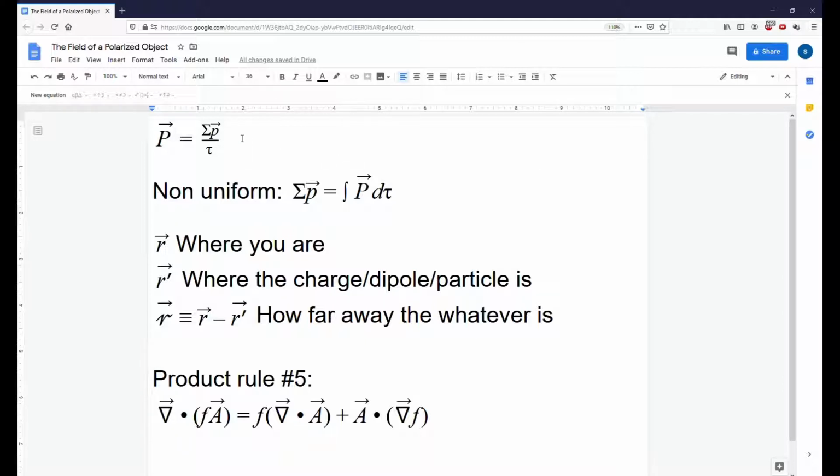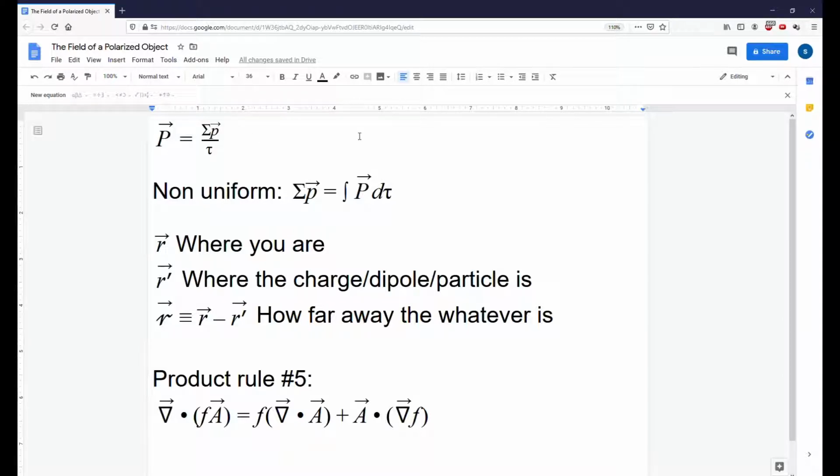So first, we are going to introduce a new term called the dipole moment per unit volume, represented by a capital vector P. Now, if this is uniform, the dipole moment per unit volume is equal to the sum of all dipole moments divided by the total volume.